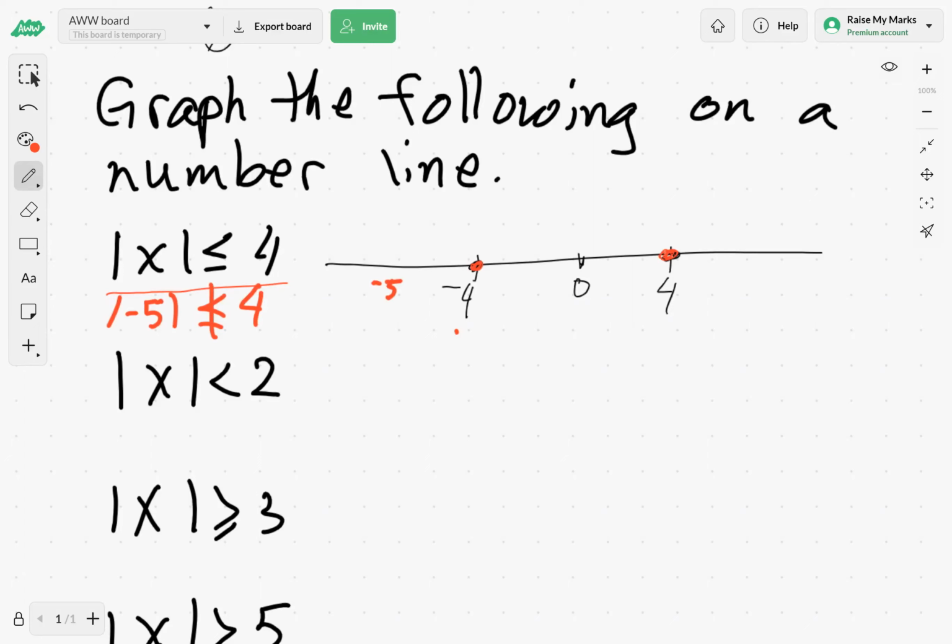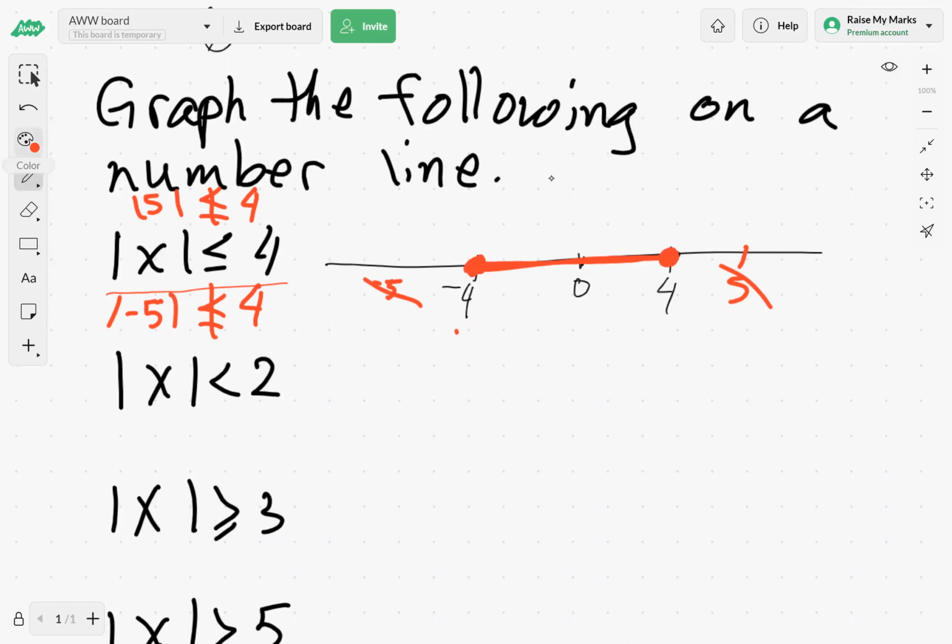If we consider, say, the number 5, absolute value of 5 is equal to 5, which is not less than 4, so that as well will not work. So what we will find is all the values between -4 and 4 will satisfy this inequality.